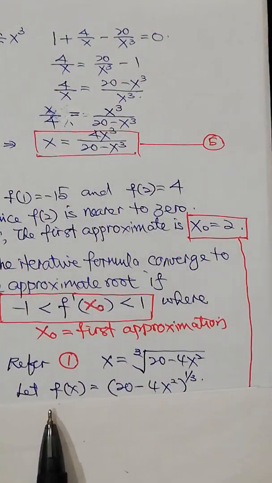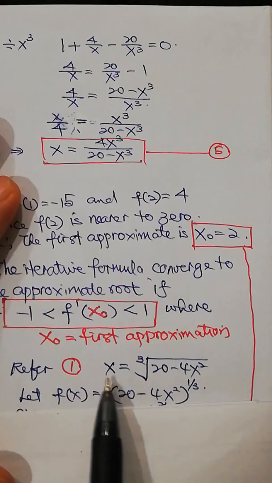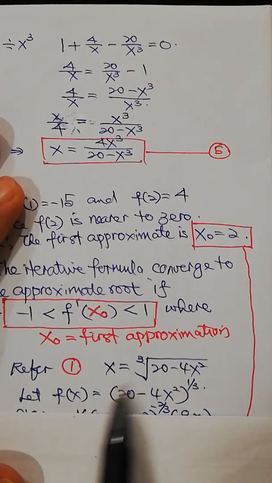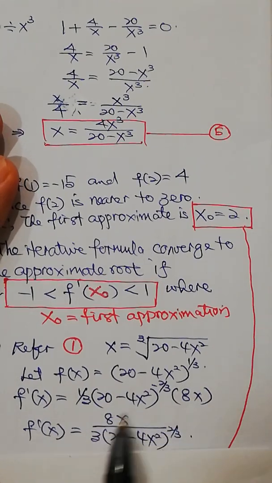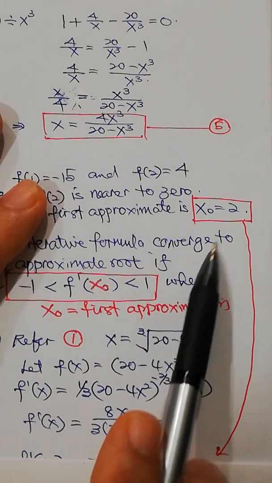Okay, so you refer to the first one. See whether this is suitable or not. The first iterative formula is like this. So we let f(x) be this one, so it's 1 over 3. You differentiate, then you substitute the first approximation.